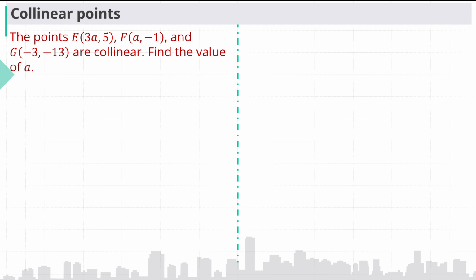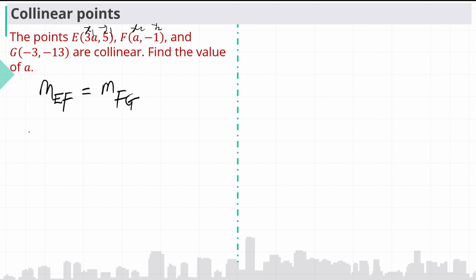And next question. The points E, F, and G are collinear. Find the value of a. The gradient using the 2 points E and F is going to be equal to the gradient using the 2 points F and G. Let the point E be x1, y1, the point F be x2, y2.